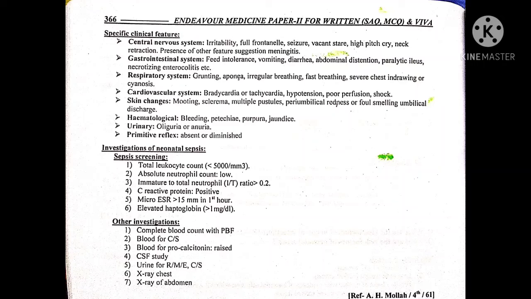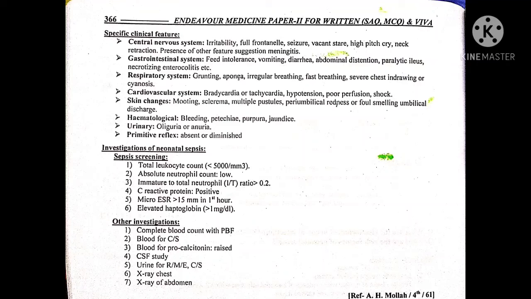are found. When the respiratory system is affected, then grunting, which means making an animal-like sound, then apnea, irregular breathing, fast breathing, severe chest indrawing or cyanosis may be present.